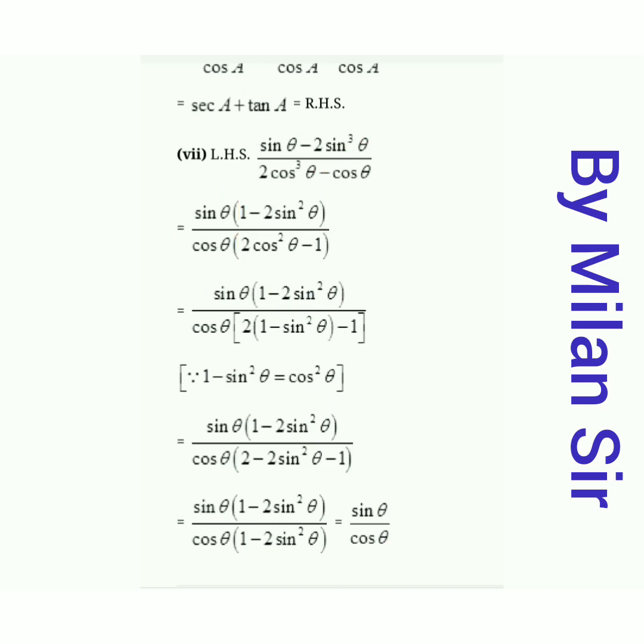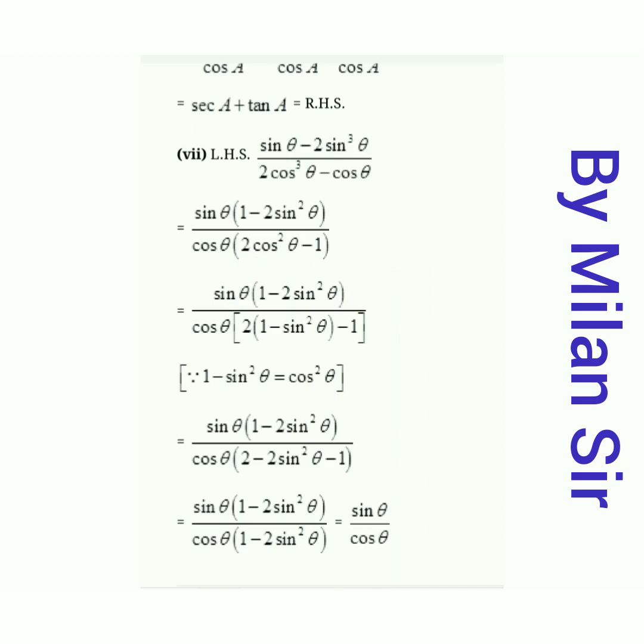So I put the value of cos square theta in the denominator. So my numerator as it is. Then in the denominator first of all 2 as it is, but in place of cos square theta I can write 1 minus sin square theta, because sin square theta plus cos square theta is equal to 1, and from that we get cos square theta is equal to 1 minus sin square theta. And again minus 1 as it is.